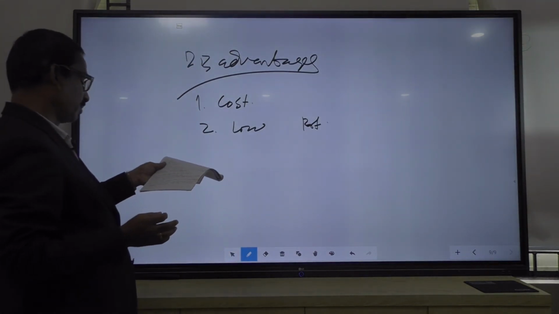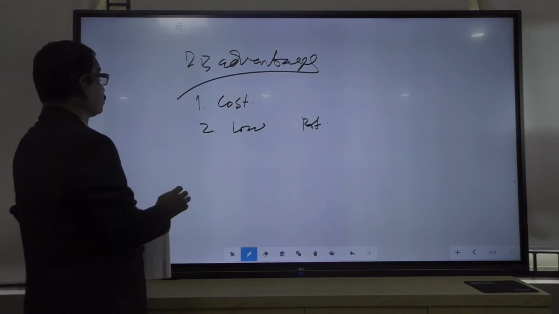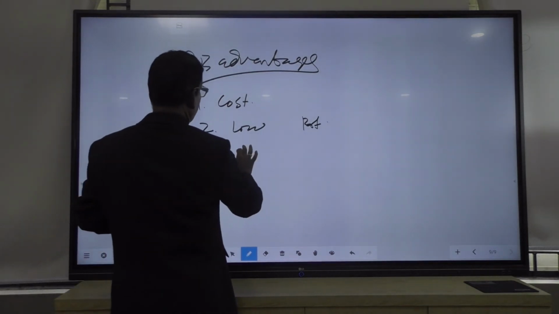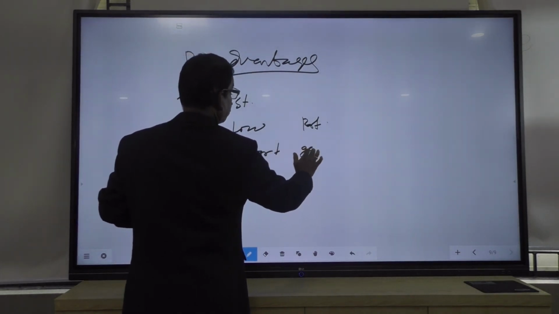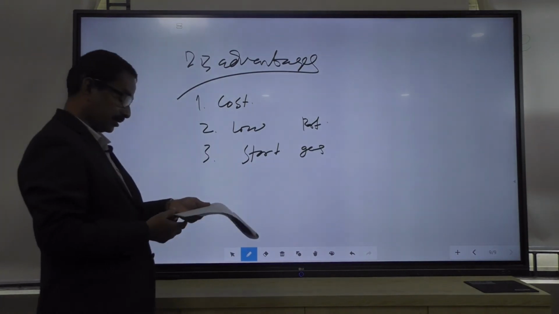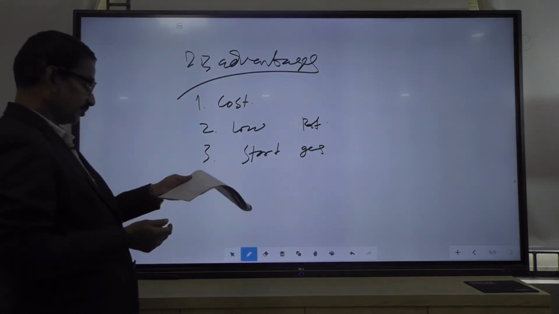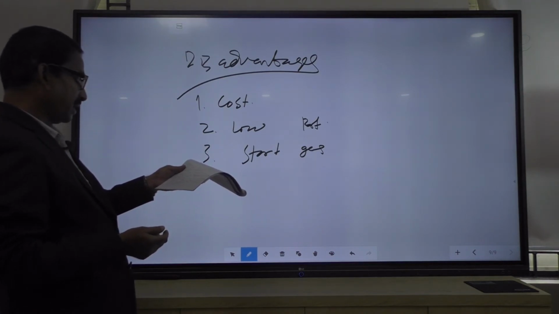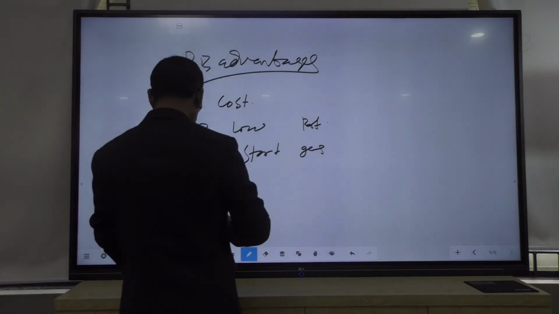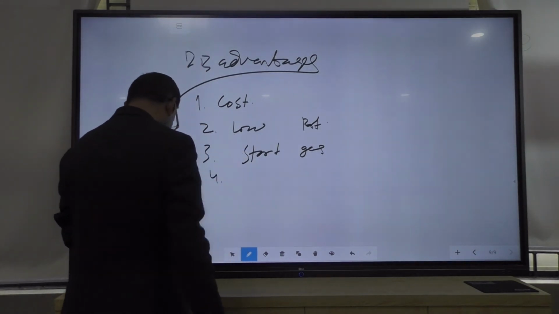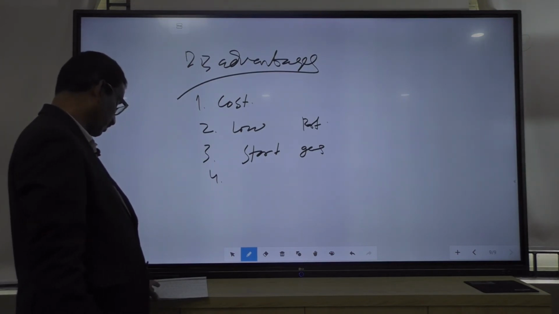Number 3, they have a longer startup than a gas turbine. That means it will take more time to start than a gas turbine. A gas turbine will start quickly, a steam turbine takes a long time. Number 4, less responsive to changes in power demand compared with other turbines.